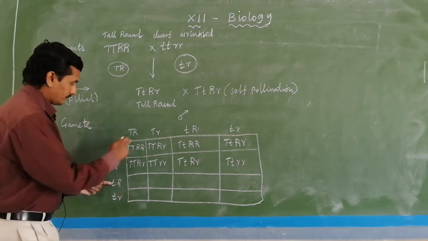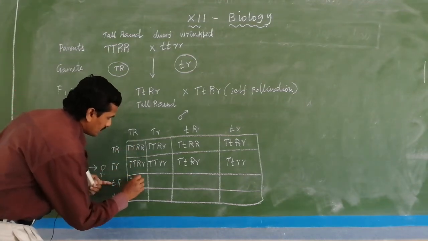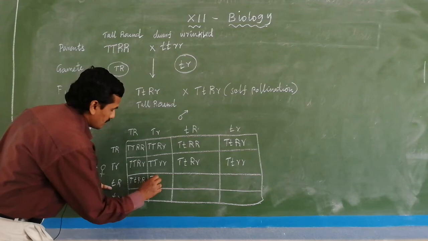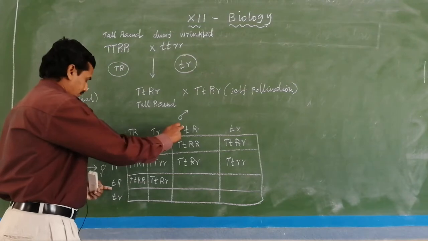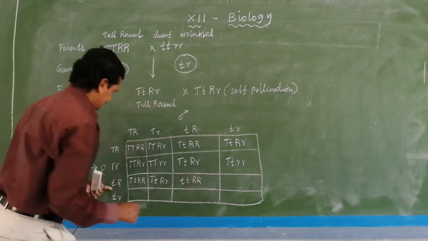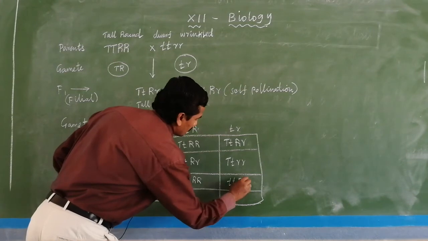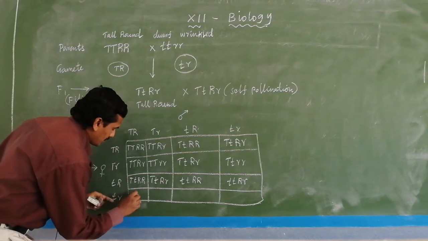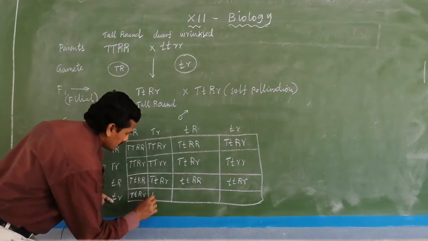So here this is capital T, small t, capital R. Here capital T, small t, capital R, small r. Here small t, small r. Then small t, capital R, small r. Then capital T, small t, capital R, small r. Here capital T, small r.